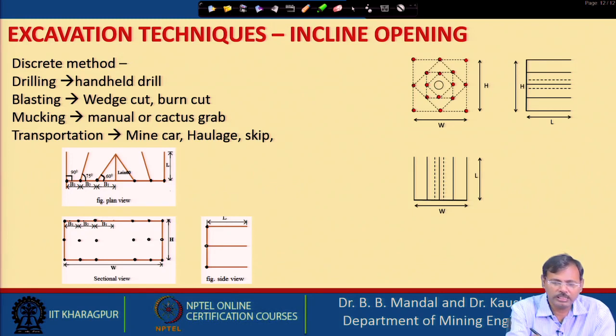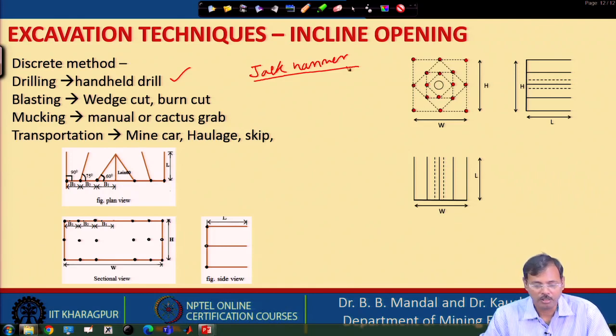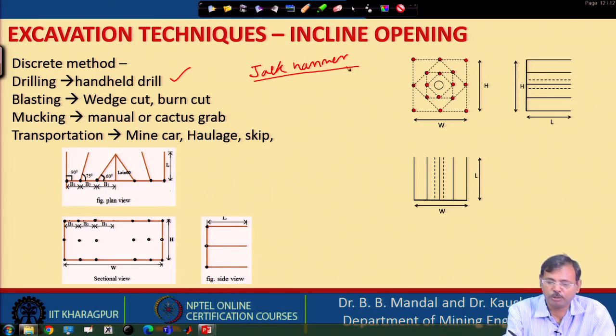So, drilling in general in incline shafts is mostly carried out with handheld drill machines, like jackhammer or electrical handheld drill, or if the openings are of significant large dimension, in that case the wagon drills are used, like your boomer drills.